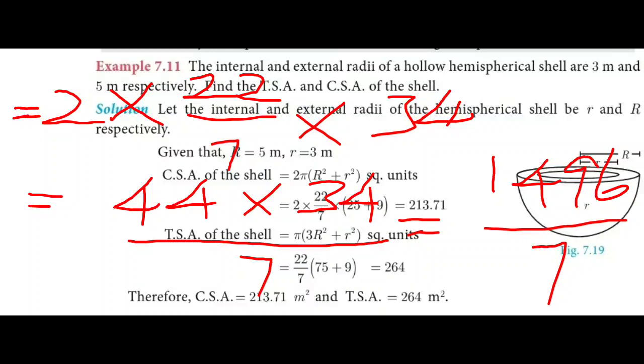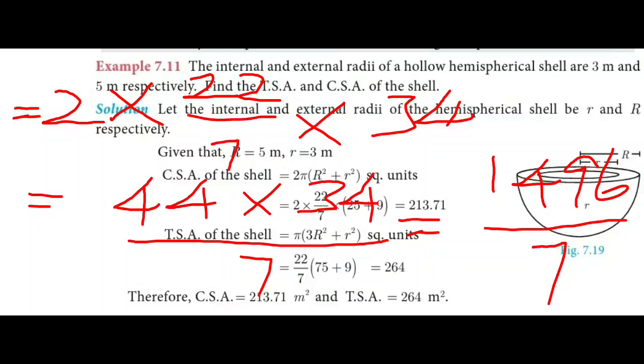Then 2 into 22 divided by 7 into 34. Then 2 into 22 is 44, into 34 divided by 7. Then 44 into 34 we get 1496.